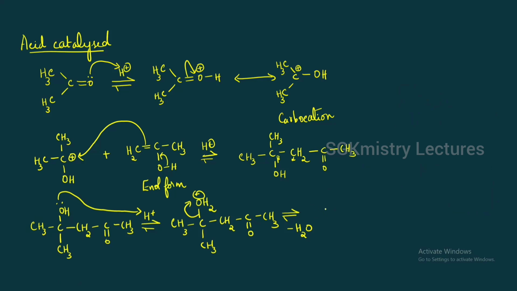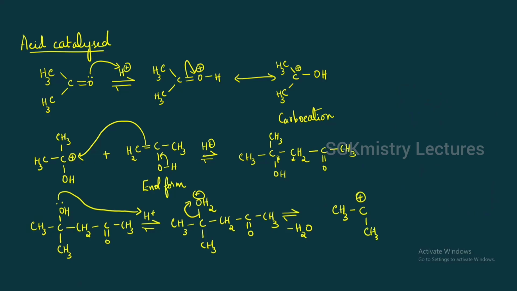So by the loss of water molecule, the carbon is losing this water molecule. So this bond, whatever the water molecule is there, it is removed along with the electrons that are there. So the carbon will get positive charge. So CH3, here this carbon gets the positive charge.